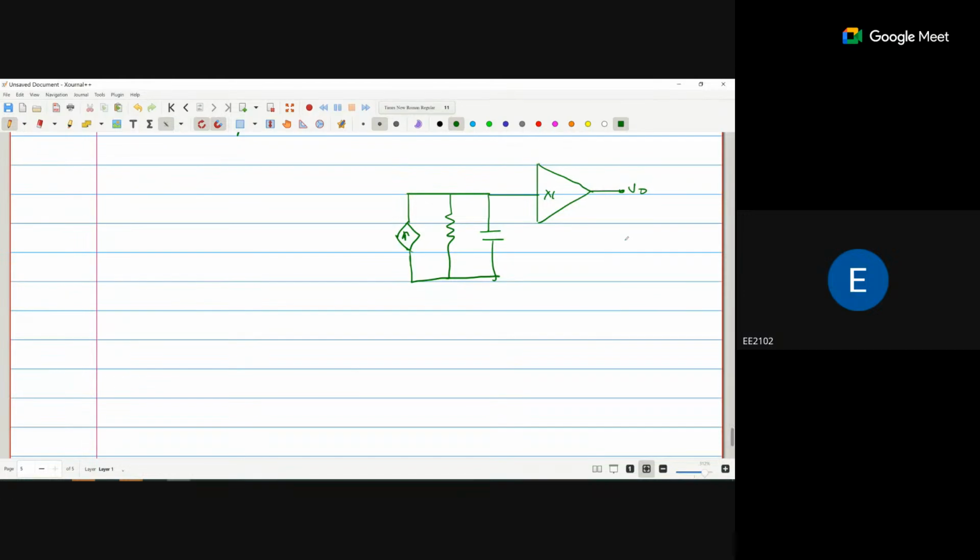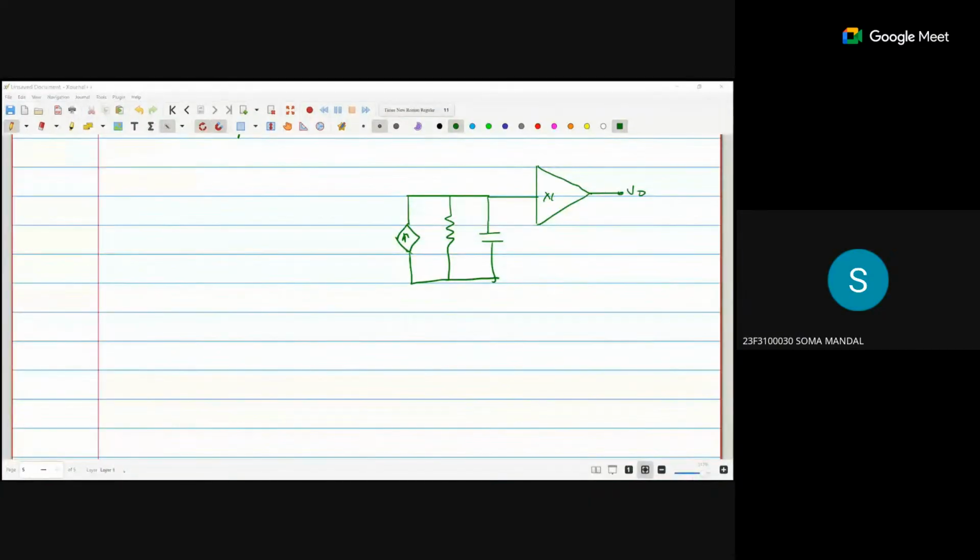Gauss filter. There was another capacitor, capacitor and resistance.